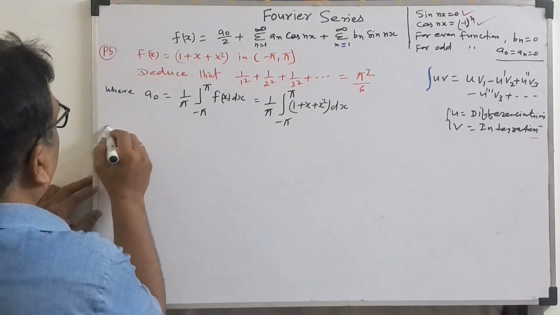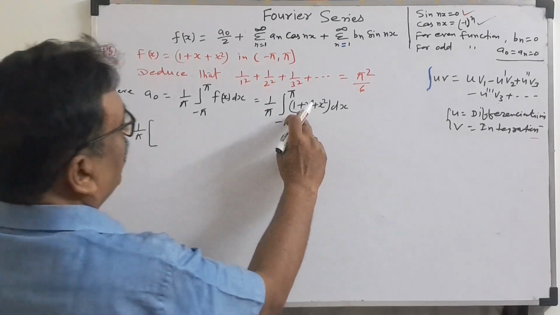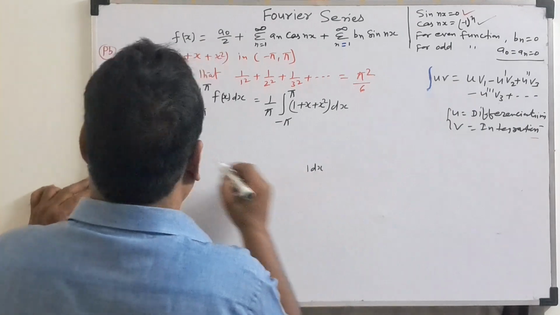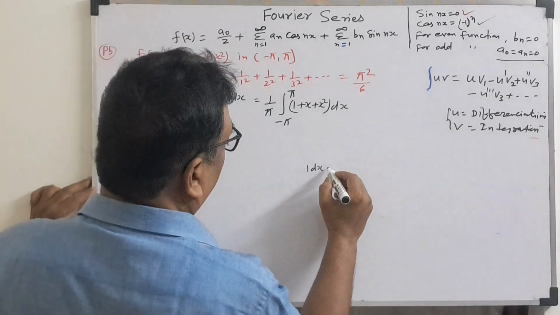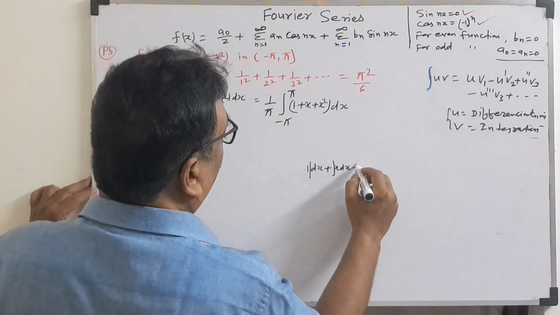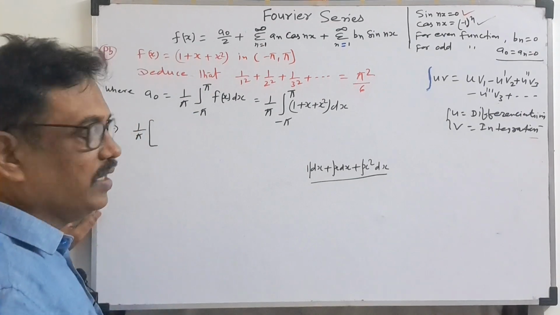So what will be the integration here? 1/pi, integration directly: 1 dx plus x dx plus x² dx. That is called linear form.